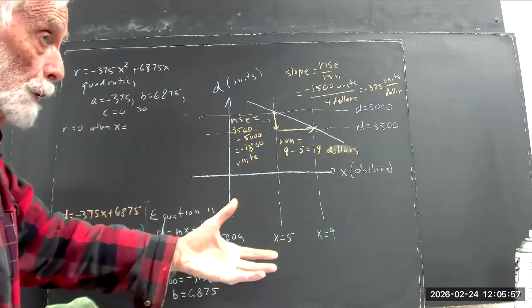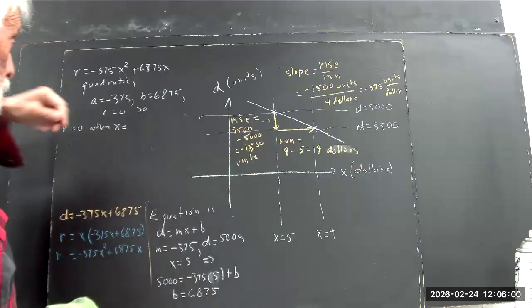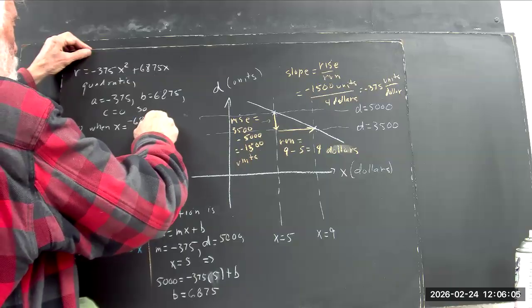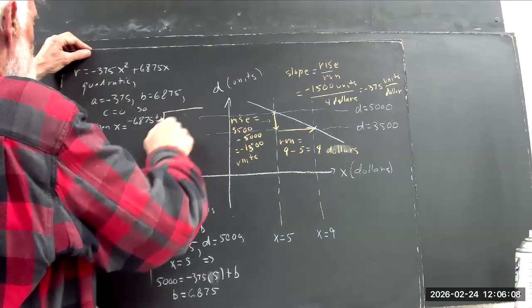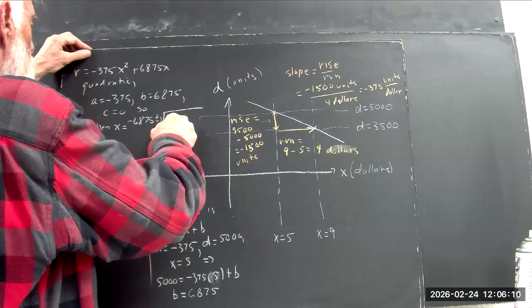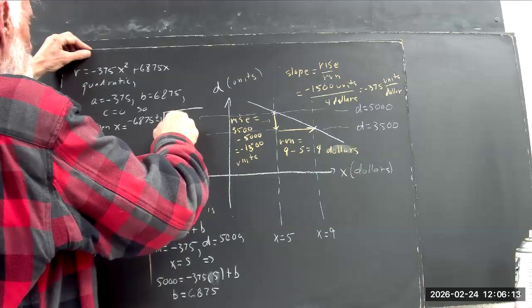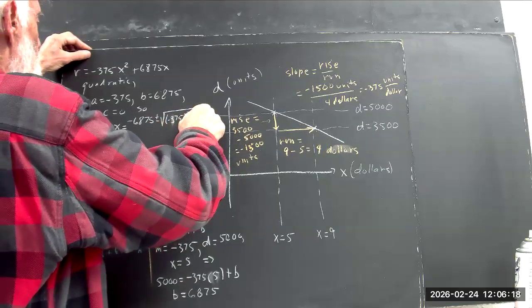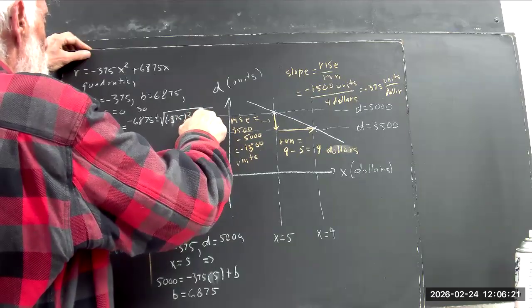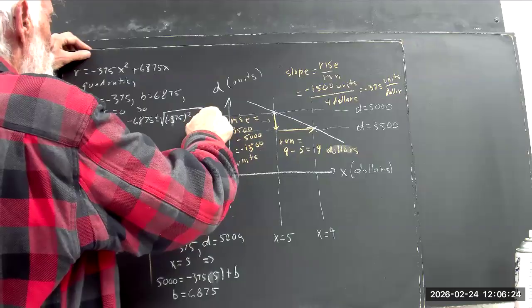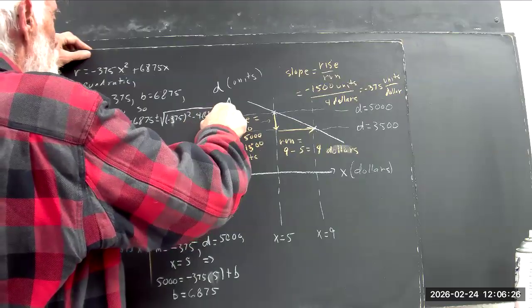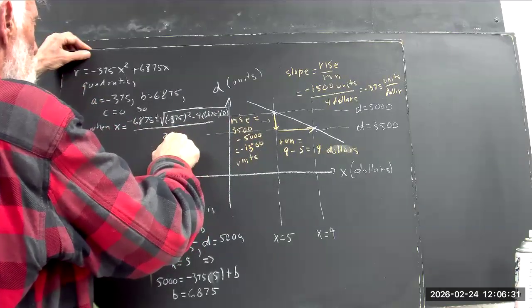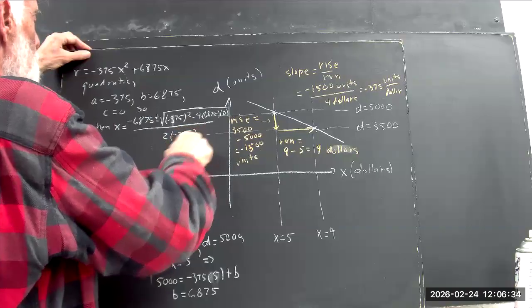Now I'm going to skip writing out the quadratic formula, which we should be familiar with by this point. It's going to be negative b, which is negative 6,875, plus or minus the square root of b squared, which is negative 375 squared, minus 4 times 6,875 times 0, all divided by 2 times negative 375.